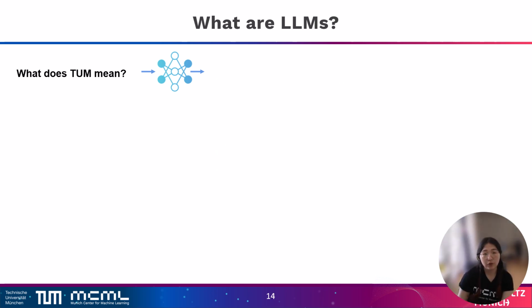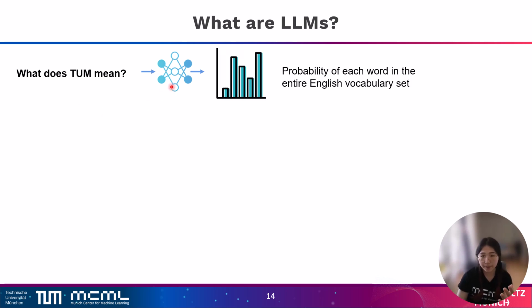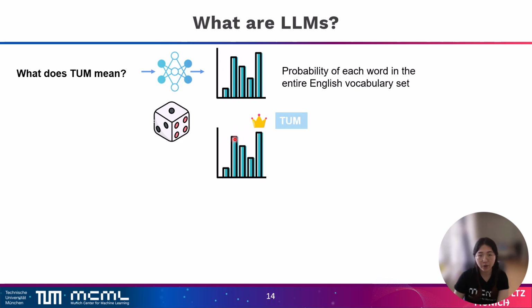Now let's go deeper into that. For "what does TUM mean," the model will give a probability for each word in the entire English vocabulary set. Let's make an assumption here that we just have 6 words. So we are more like rolling a dice, which means I randomly select one word.